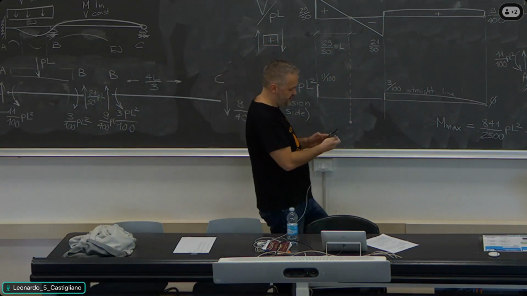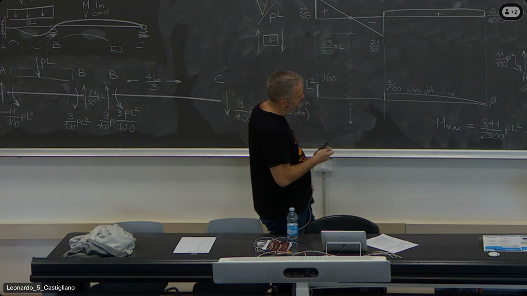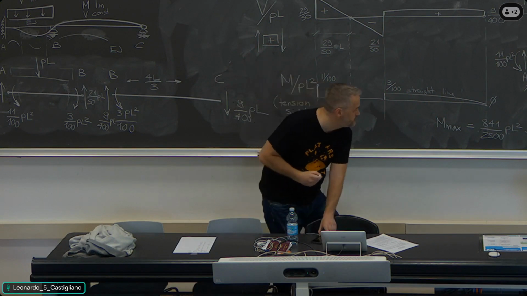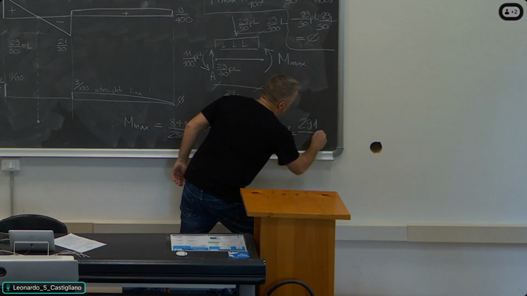Everything over 5000, so 841 times 2 minus 841 minus 291. 291 over 5000 PL square.